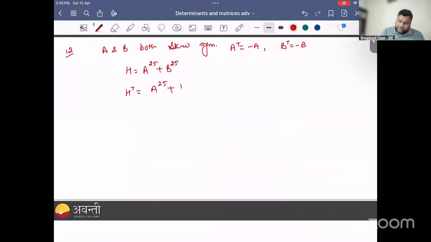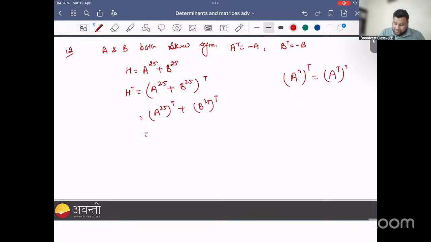(A^25 plus B^25) transpose, that is (A^25) transpose plus (B^25) transpose. You remember I taught you a property, (A^n) transpose is (A transpose)^n. So it will become (A transpose)^25 plus (B transpose)^25.